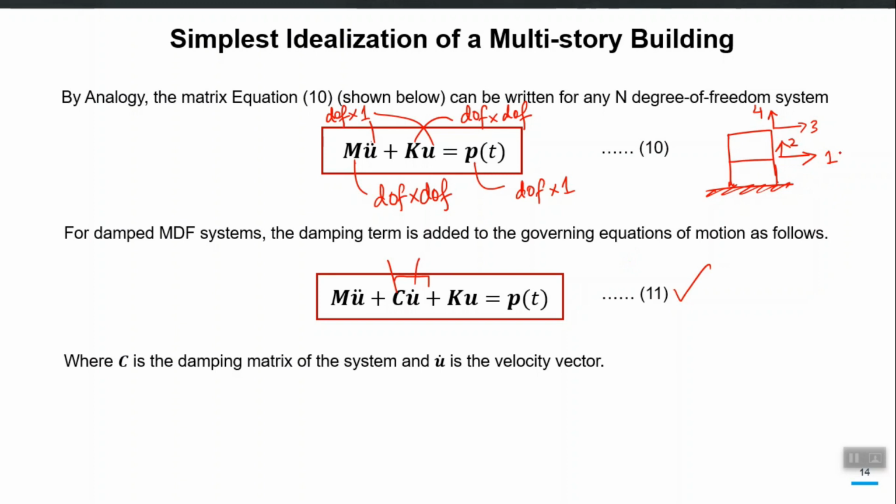P1 of t can be applied in this direction. P2 of t can be applied in the vertical direction or downward direction, whatever is the direction, but in the vertical direction. So we can have in this structure P2 of t. Similarly, we can have P3 of t and also one P4 of t.